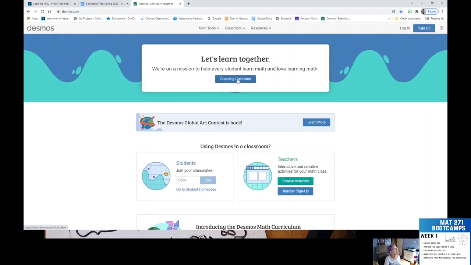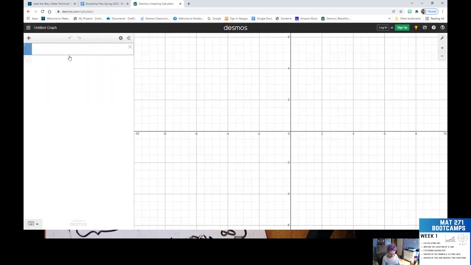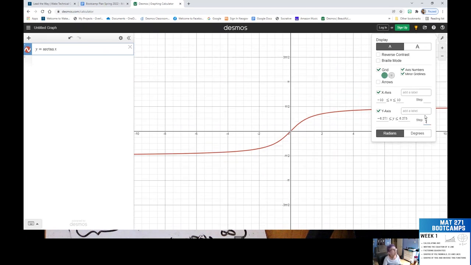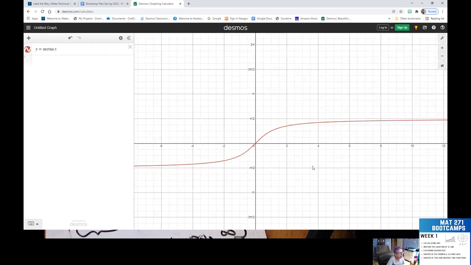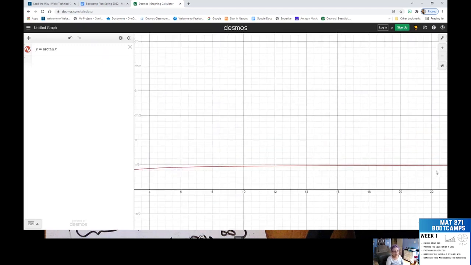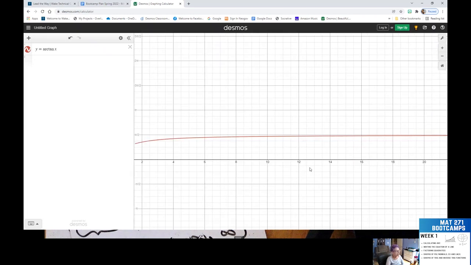Gotta love Desmos. And I'm going to put my y-axis in terms of pi. So as x gets bigger and bigger and bigger, you can see it's approaching π/2.